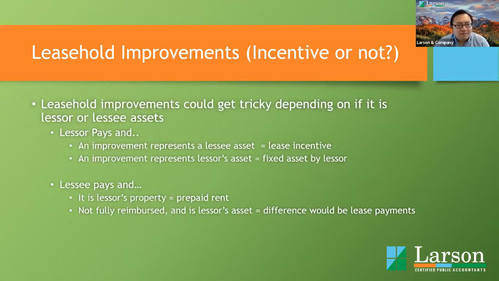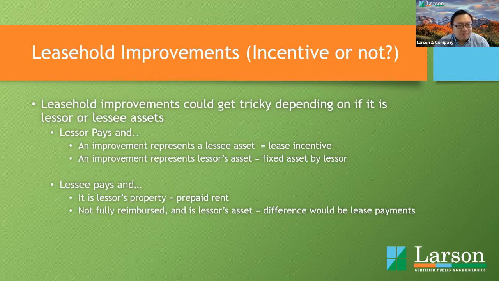The tricky part that sometimes you have to also consider is any lease improvements. Are they truly incentives or not? And you really have to look at the fact pattern to determine that.